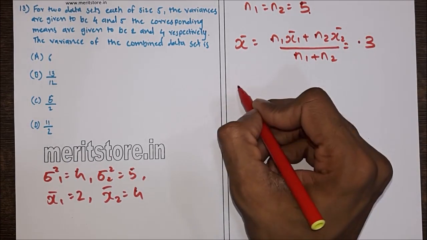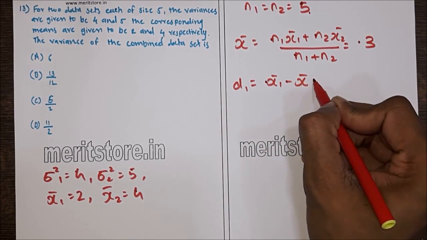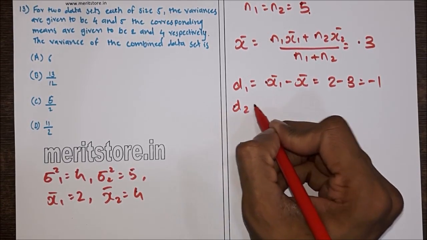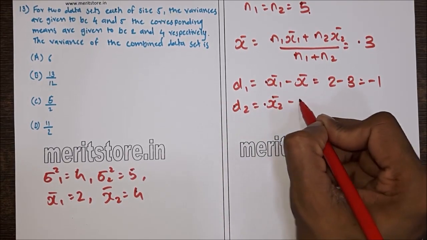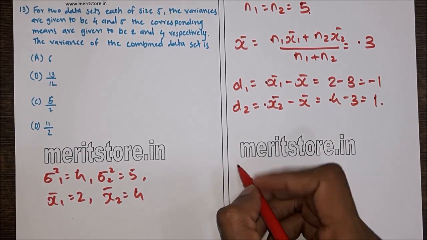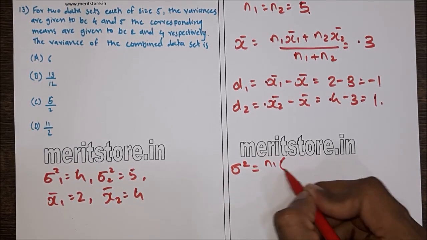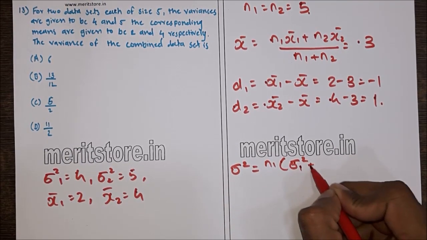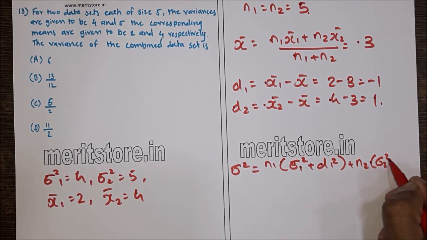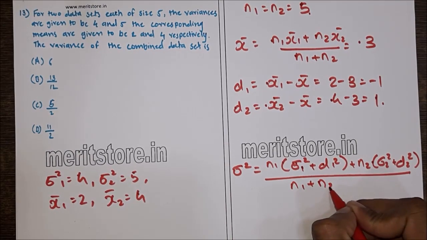When we substitute the values and solve this, we get 3. So we have t1 equal to x1 bar minus x bar, which is equal to 2 minus 3, which is equal to minus 1. And we have t2, x2 bar minus x bar equal to 4 minus 3, which is equal to 1. So we have the formula for variance, that is equal to n1 times (sigma 1 square plus t1 square) plus n2 times (sigma 2 square plus t2 square) upon n1 plus n2.